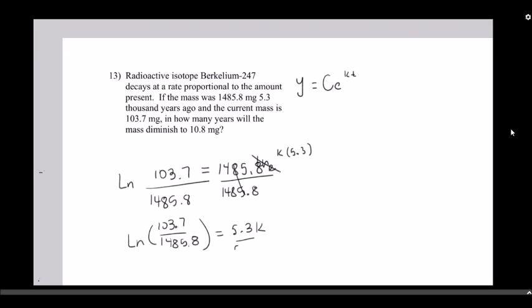Okay, now if we divide by 5.3, we get a value for k to be natural log of 103.7 over 1,485.8, divided by 5.3.